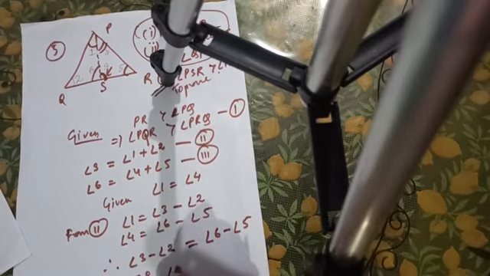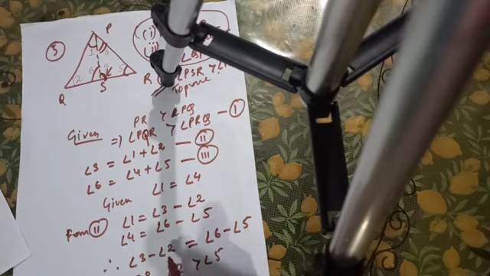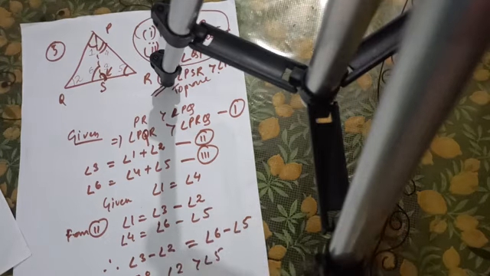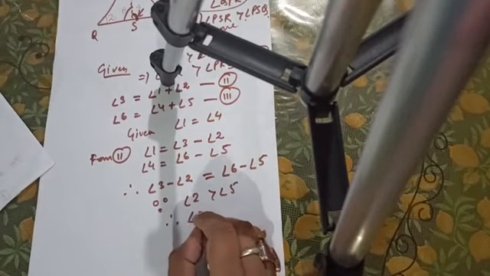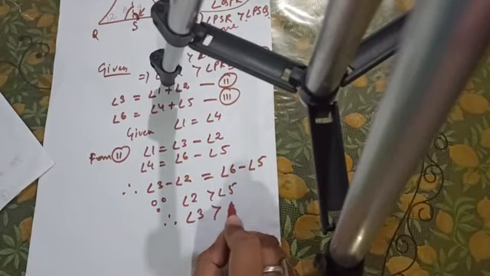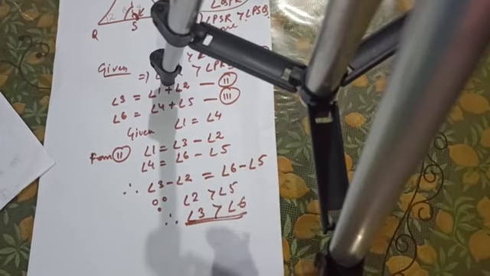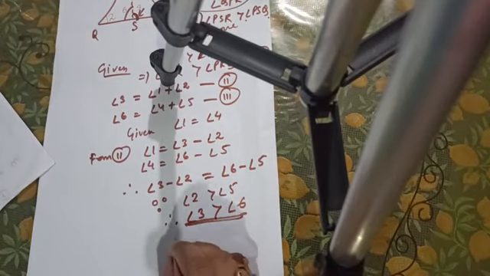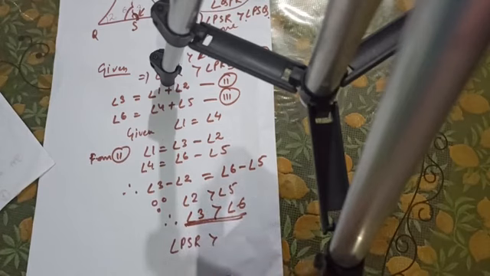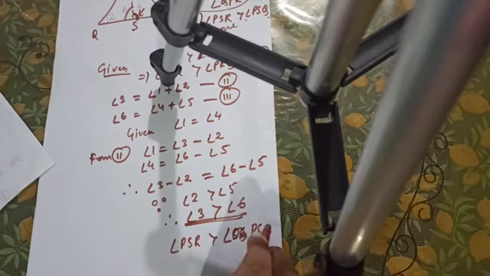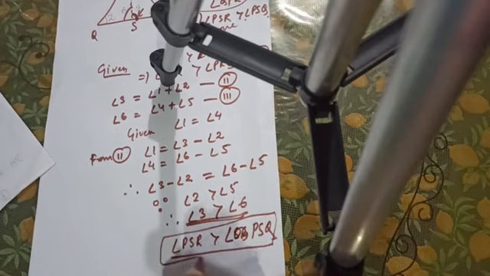Since it is given that angle 2 is greater than angle 5, therefore I can say that angle 3 will be automatically greater than angle 6. So angle 3 means angle PSR is coming greater than angle PSQ. So this is the answer of our given proof.